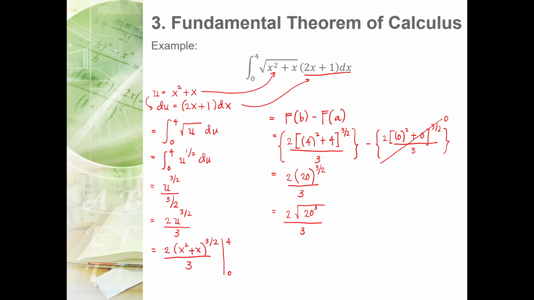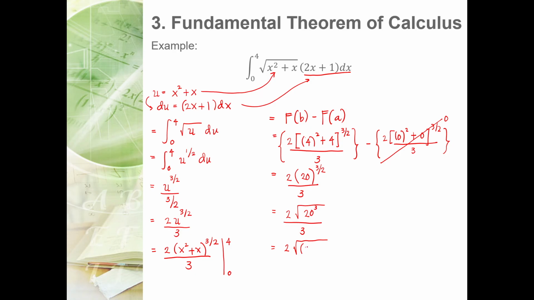Okay, so I think the simplest method for this one, since we are evaluating it manually, is to make 20 into its individual factors.